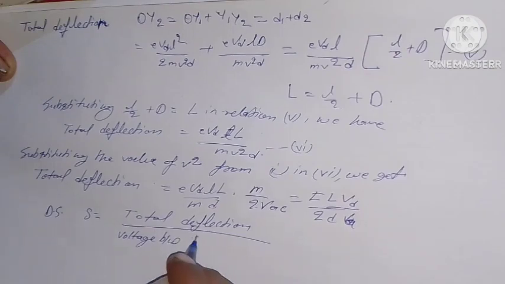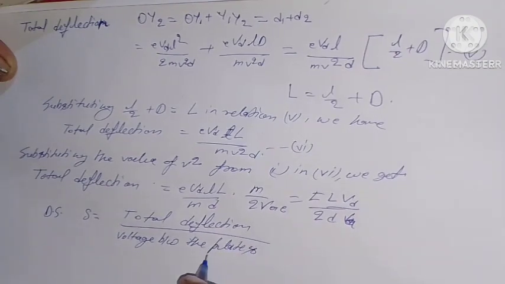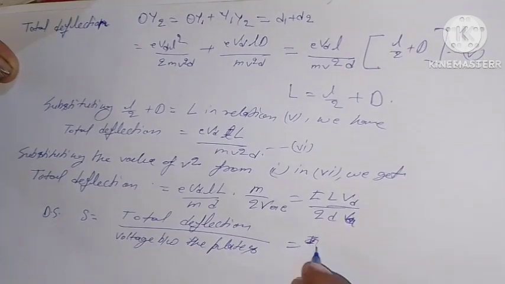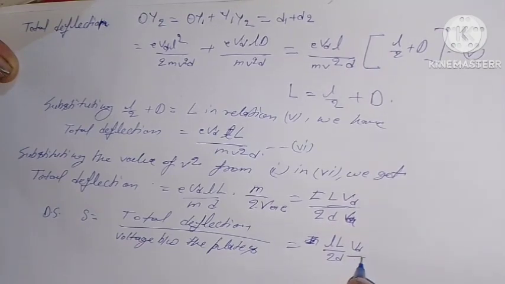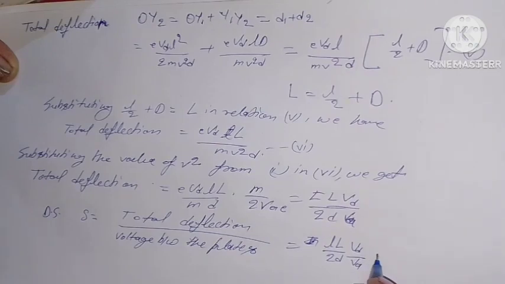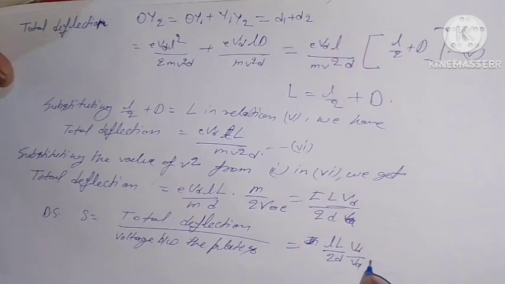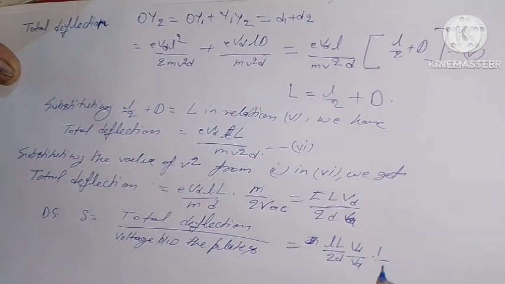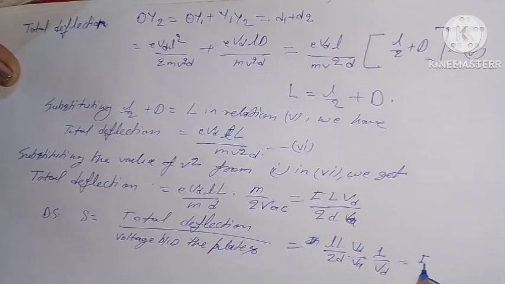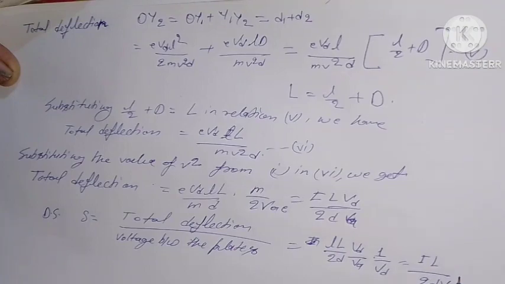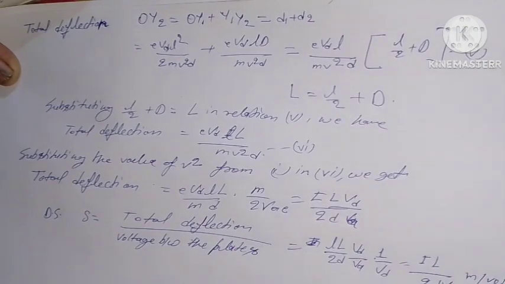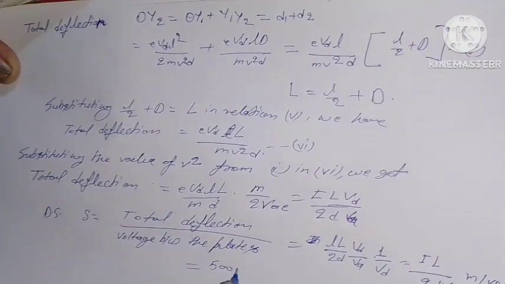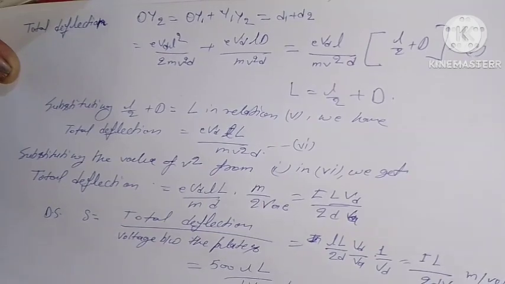That is l L upon 2 d Va meter per volt. This is 500 l L upon d Va mm per volt.